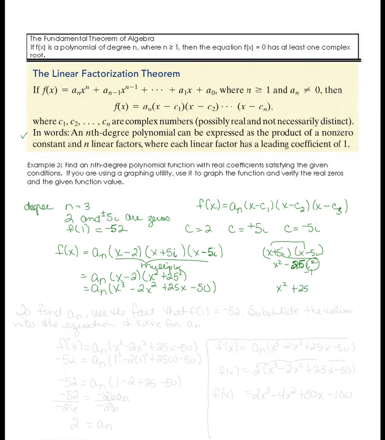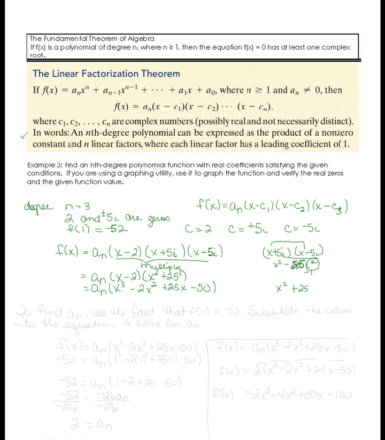We've gotten to a good point of finding our terms using the linear factorization theorem. Now we need to find a sub n.